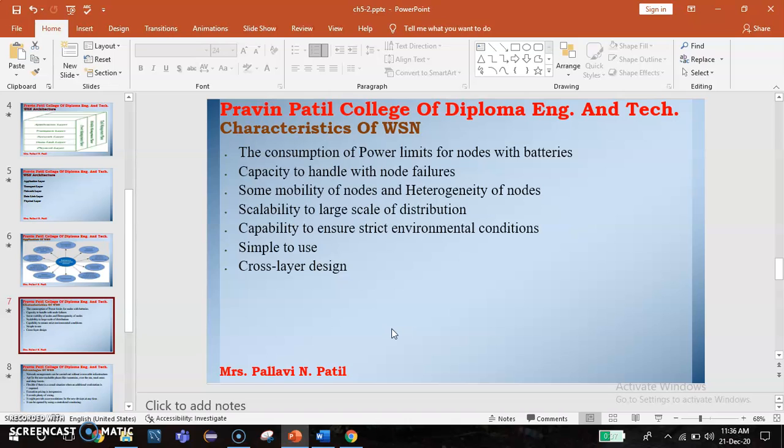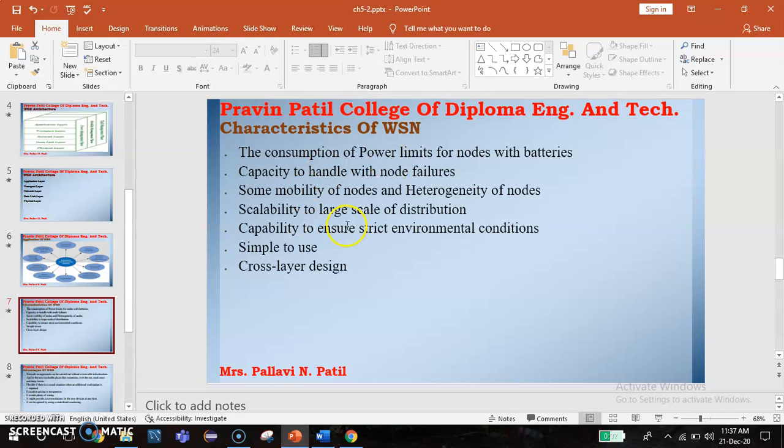The characteristics of WSN: it is currently used in the real-world physical environment to measure a number of parameters. So the characteristics of WSN must be considered for the efficient development of the network.